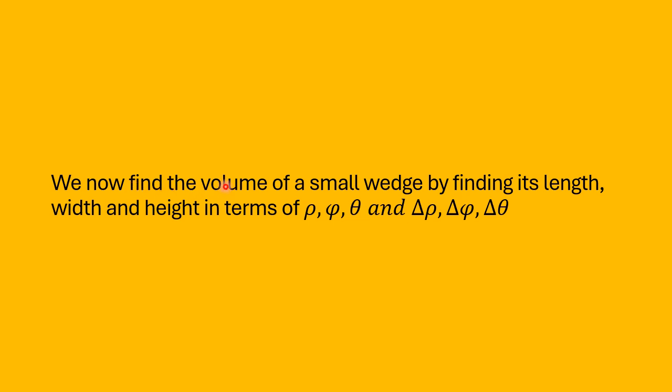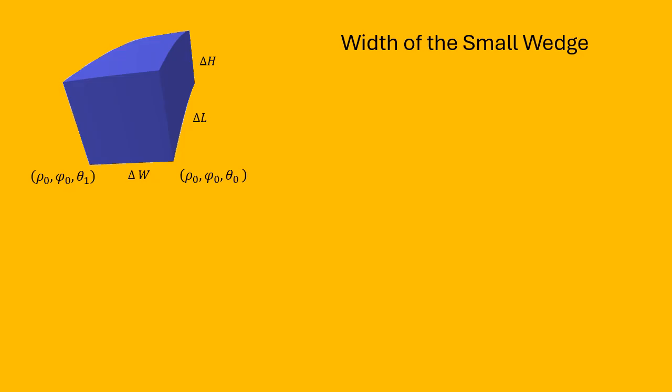We now find the volume of a small wedge by finding its length, width, and height in terms of the spherical coordinates rho, phi, and theta, and also increments delta rho, delta phi, and delta theta. So let's start by finding the width of a small wedge. Here is our wedge.